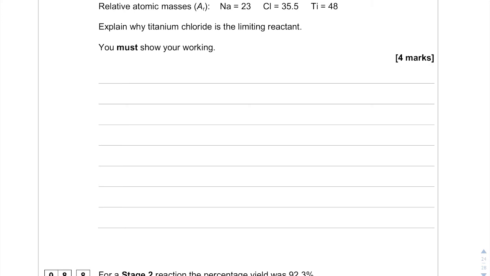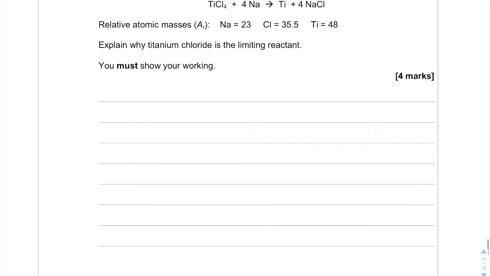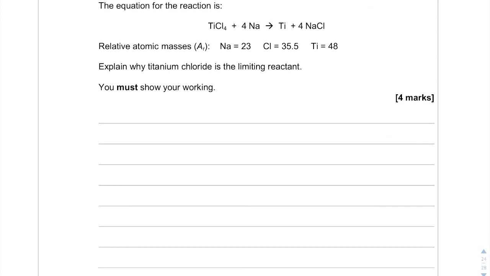So let's work out the number of moles of sodium, which is, wait, how many grams is sodium? 20. So I've got 20 times 1000 grams. If you're working in Mr or Ar, you work in grams. And sodium is 23, and that would be the number of moles. And that is 870 moles.